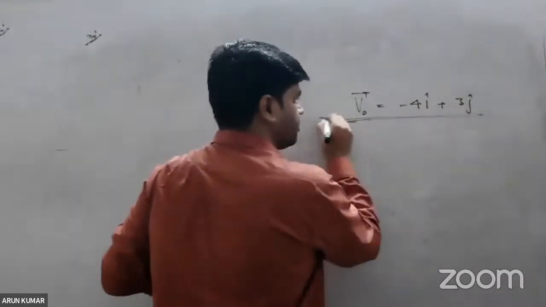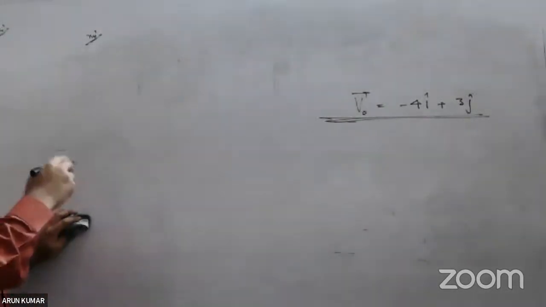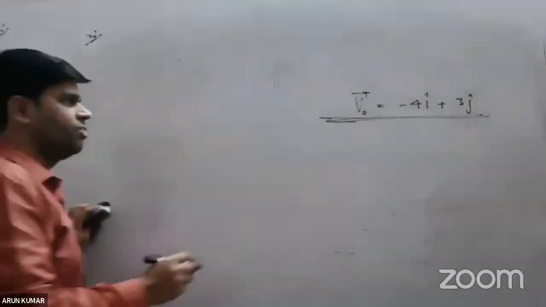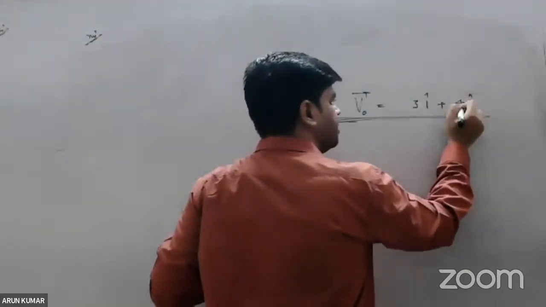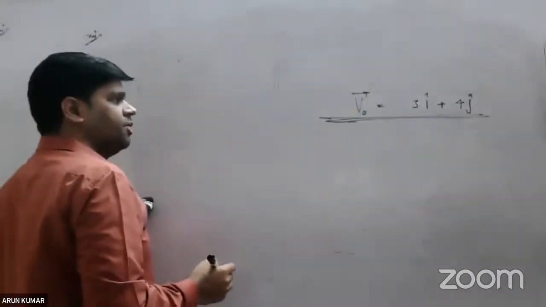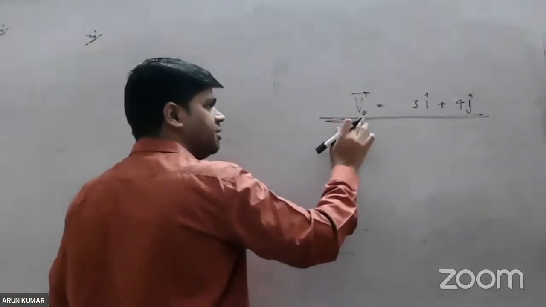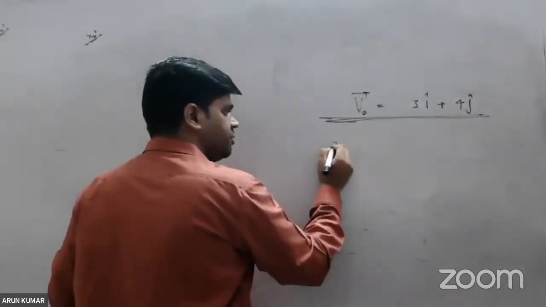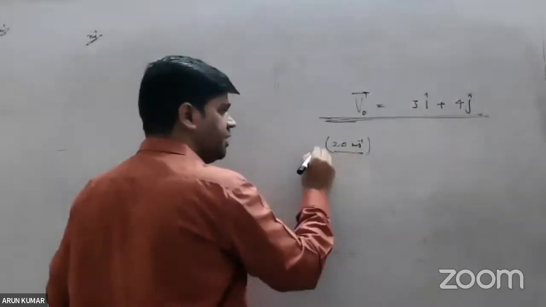Or should I take minus 4 and 3? No, let's take 3 and 4. 3 I cap and 4 j cap. For some reason, I'll tell you why. Now, I want another vector. Let's say a particle is moving around this vector with some speed of 20 meters per second.